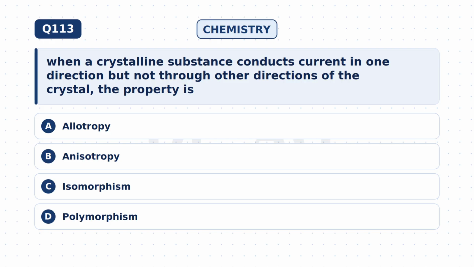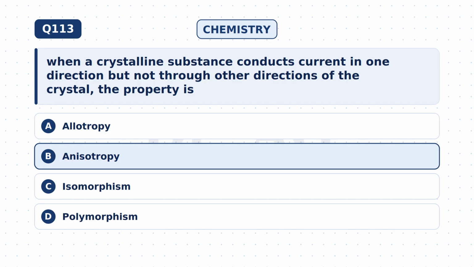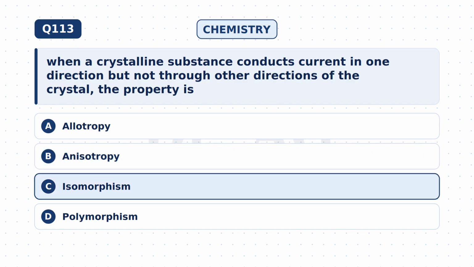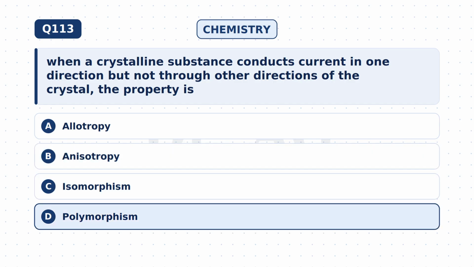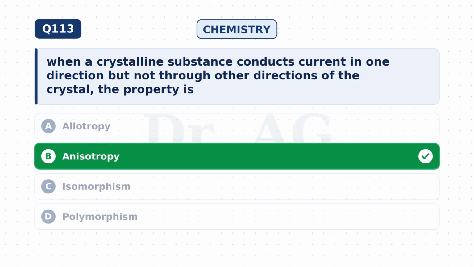Question 113. When a crystalline substance conducts current in one direction but not through other directions of the crystal, the property is Option A, allotropy. Option B, anisotropy. Option C, isomorphism. Option D, polymorphism. The correct answer is B, anisotropy.